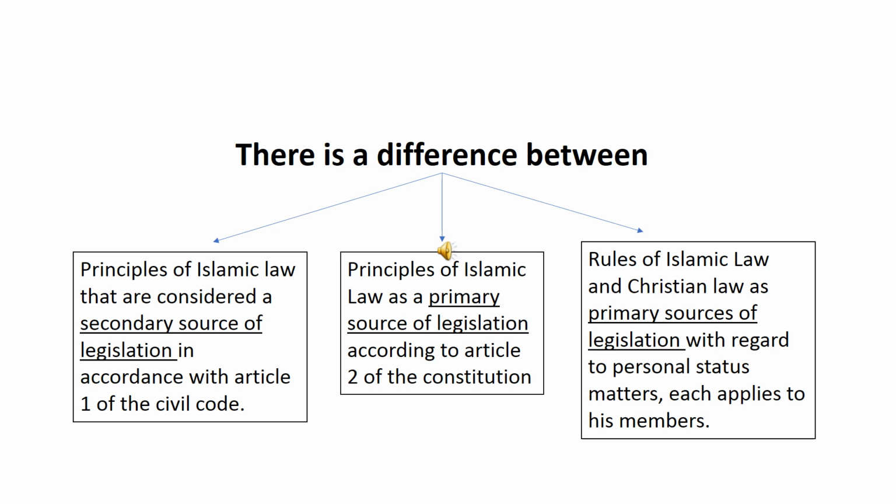If two persons with different religions get married in Egypt, which law is going to be applied? For example, if we have a Jewish man married to a Christian woman in Egypt, and they want to get married or divorced, how can we validate their marriage?